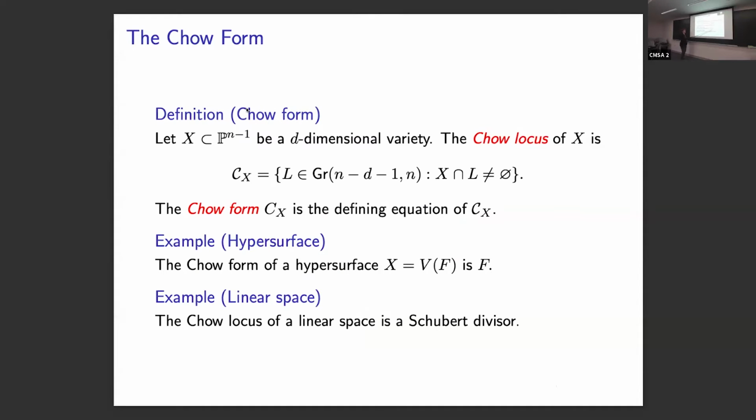You just get back the defining equation of the hypersurface as my Chow form. Another example is if you take a linear space and you ask for linear spaces intersecting this linear space in some way, you'll also get a Schubert variety, and it's a Schubert variety of codimension 1.